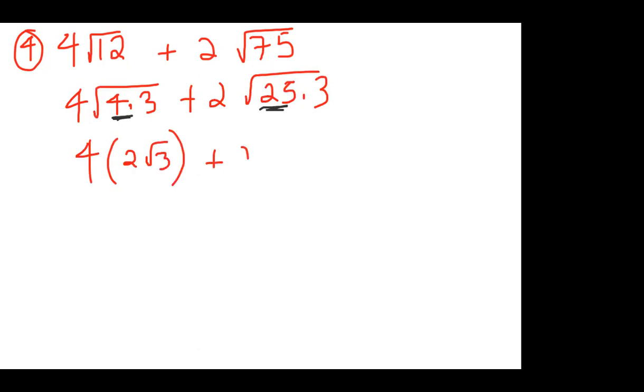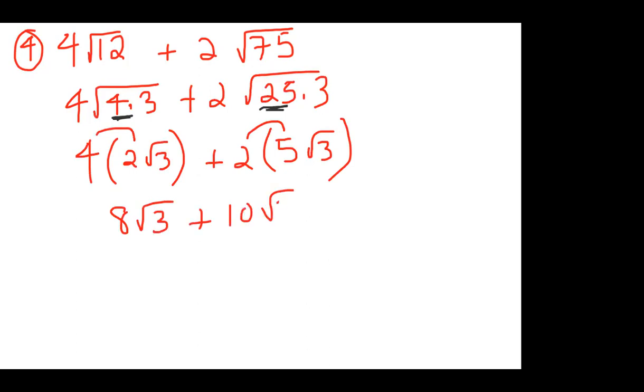And then with the 75, I take the square root of 25, which is 5, and the 3 remains under the root. So now I'm going to multiply the whole numbers, the coefficients together. So I get 8 radical 3 plus 10 radical 3. Now let's add them. So we get 18 radical 3. Okay, 2 more examples.